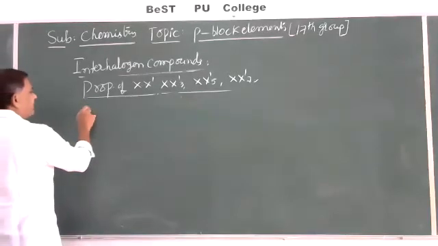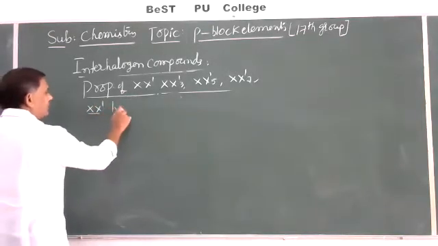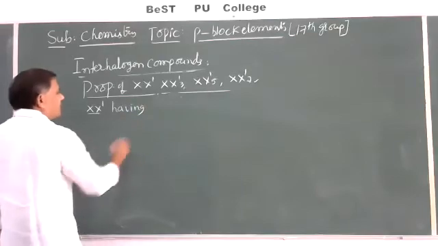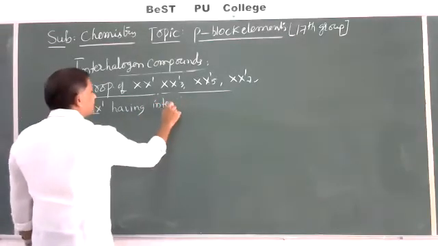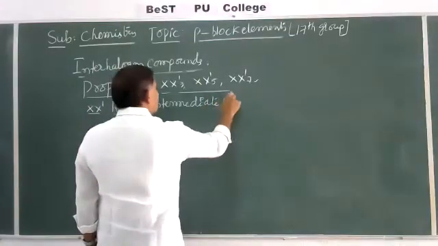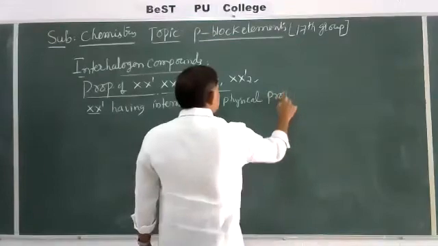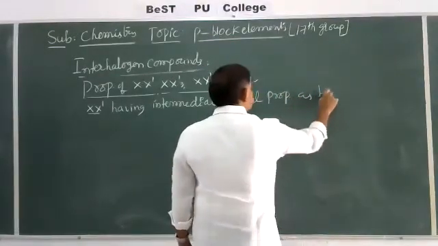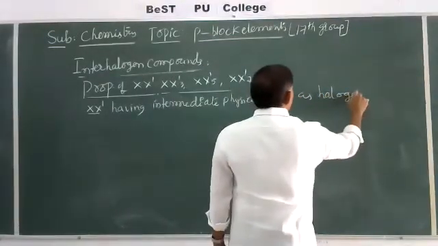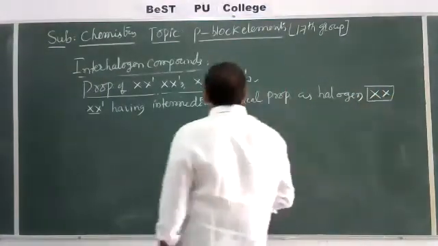Generally, here X dash interhalogen compounds are generally having intermediate physical properties as halogens.